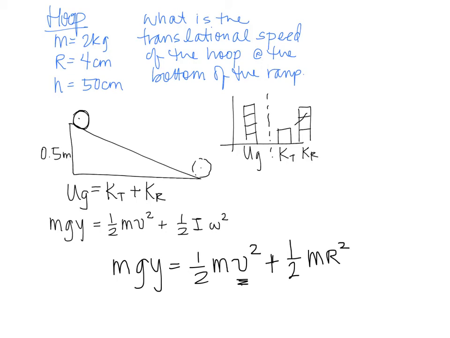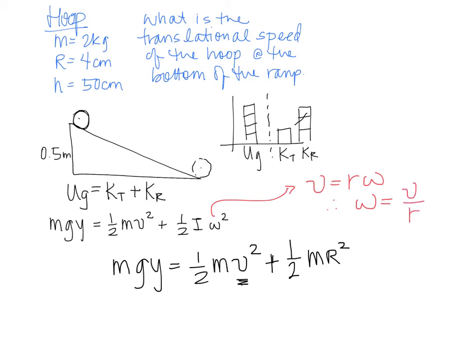Now remember this omega here, v equals r omega is the translation there. So that means that omega is equal to what, v over r?